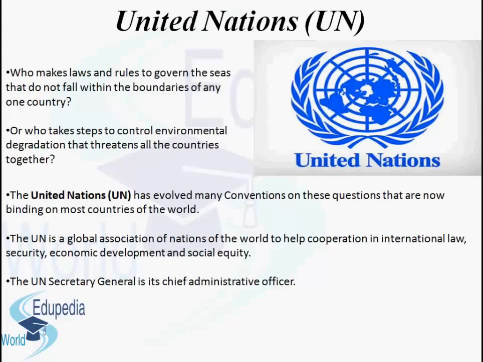There are many more works which the United Nations has undertaken after being formed. It's a global association of nations to help cooperation in international laws, security, economic development, and social equality. The Chief Administrative Officer is the UN Secretary General.